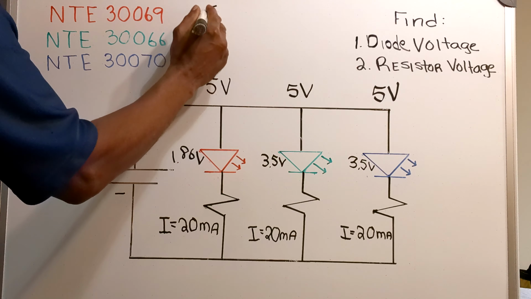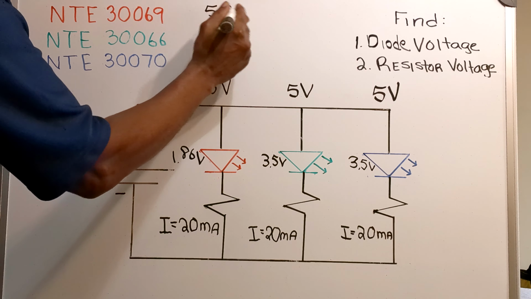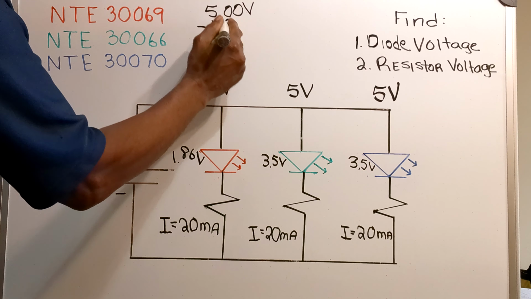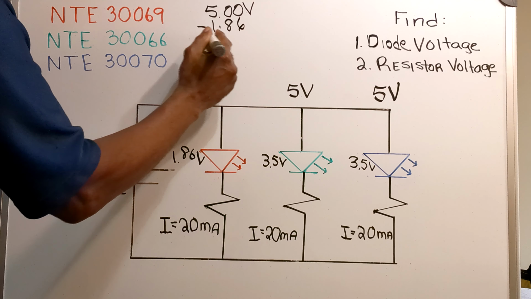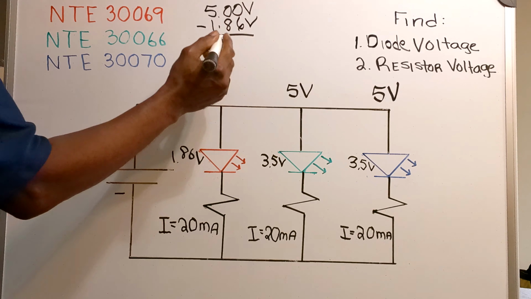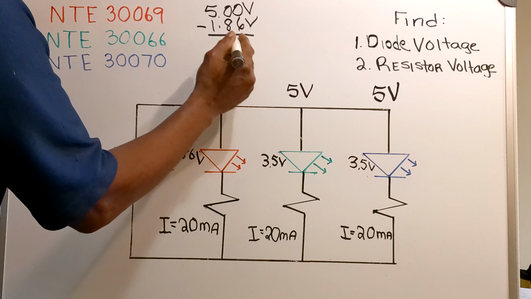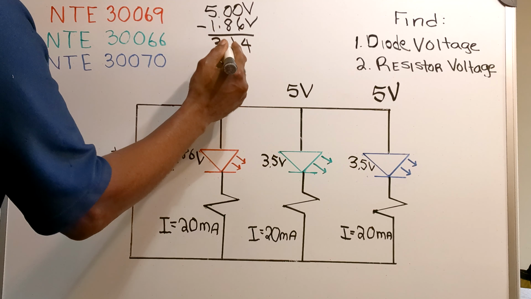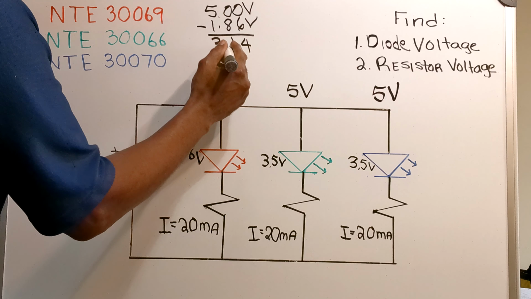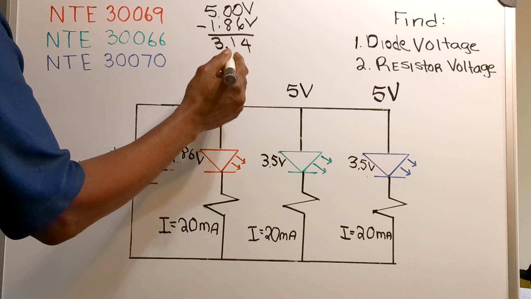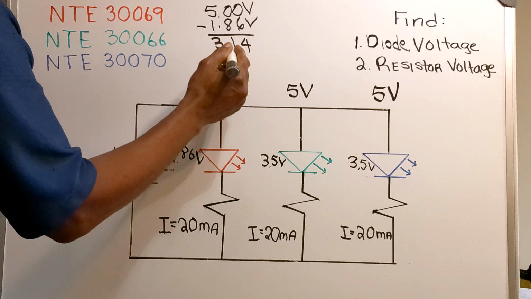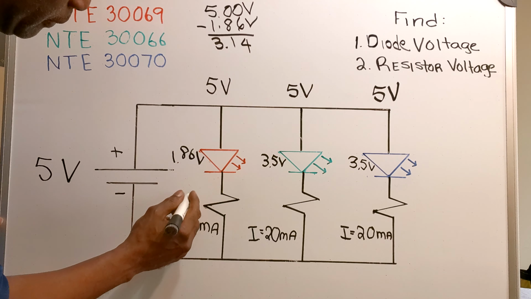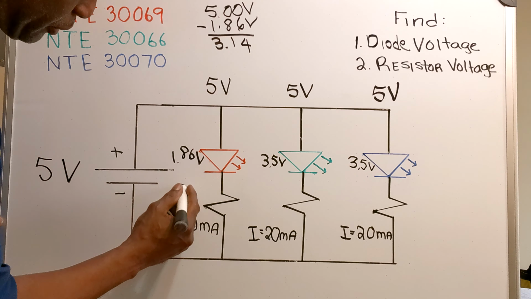So you go 5 volts minus 1.86, that gives you 3.14 volts across this resistor.